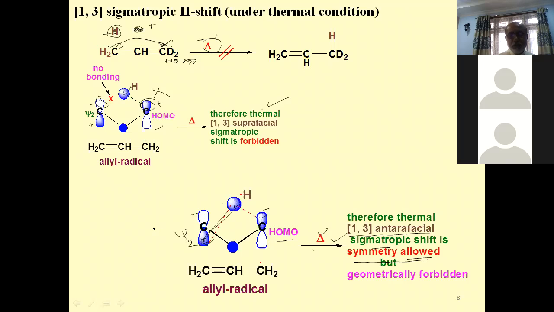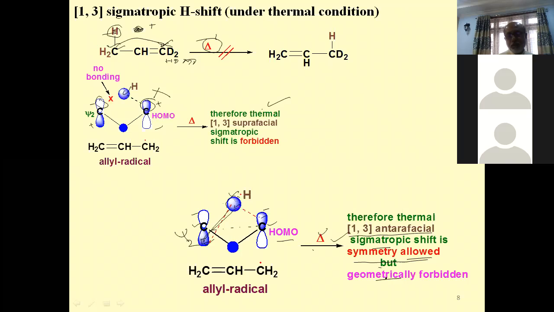But in the process, what is going to happen? You see here, what will be your transition state? The transition state will involve one atom here, two atoms here, three atoms here, so 1, 2, 3. But this is not going to be geometrically possible.